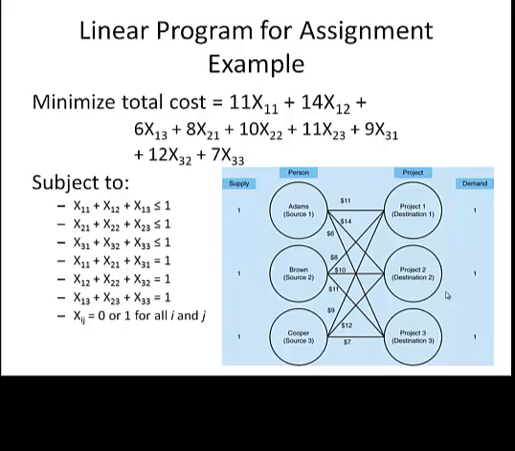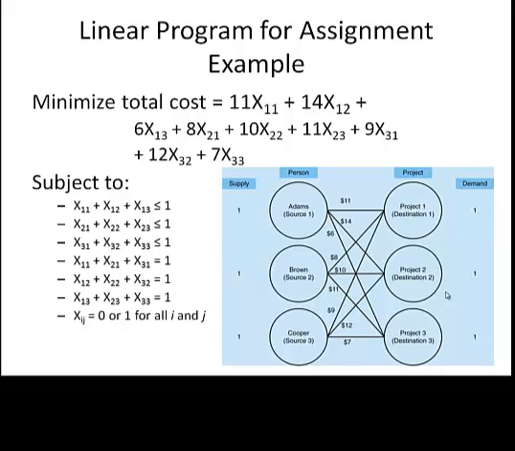And then that's subject to, well, my supply: Adams can go to project 1, he can go to project 2, or he can go to project 3, but there's only 1 of him. The same thing with each of the other people, Brown and Cooper.